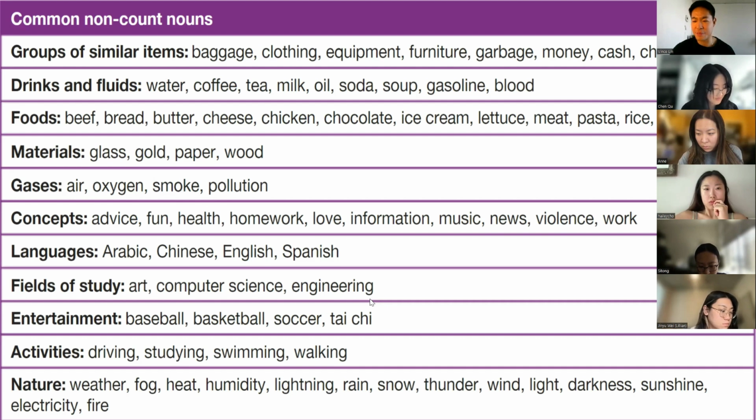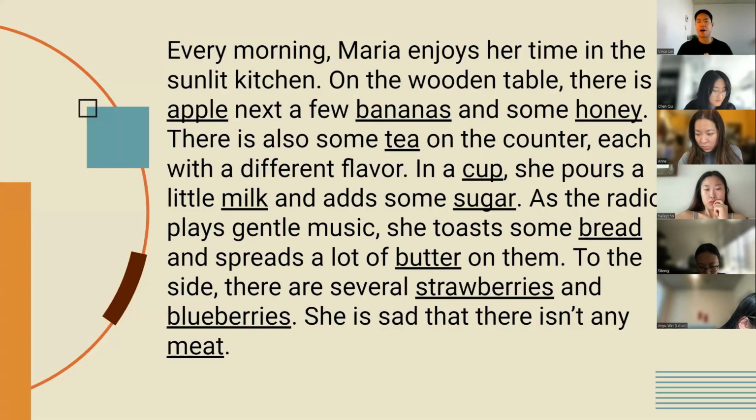Yes. Yeah. All right. So after we take a look at this chart, we're going to do a little short practice. I prepared a short paragraph here. If you can see on the screen, there are some nouns that I highlighted.